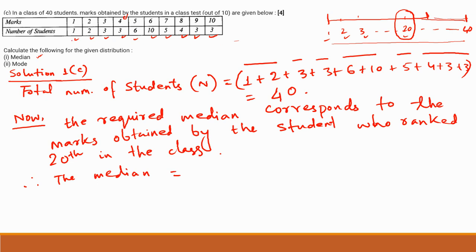You see, the first student got 1, number of students 2 got 2, number of students 3 got 3. So it's going like this. The cumulative frequency you have to find out. So 1 plus 2 is 3, 3 plus 3 is 6, 6 plus 3 is 9, 9 plus 6 is 15, 15 plus 10 is 25.